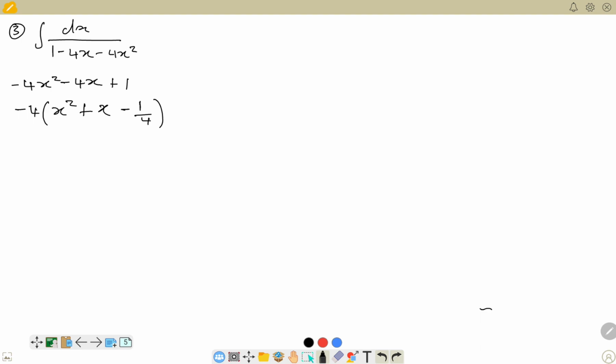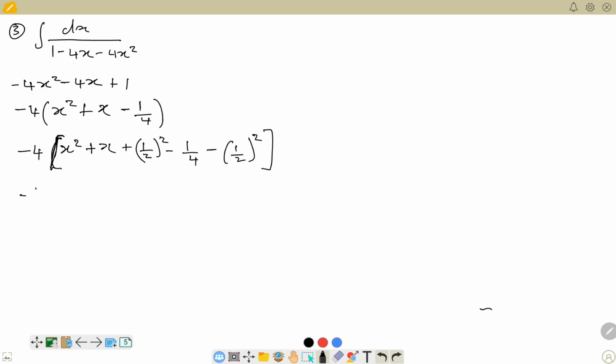Now we have factored out negative 4, and we still keep our negative 4. Then we have x squared plus x. The coefficient of the middle term this time is 1. So plus 1 divided by 2 squared, minus 1 over 4. Then we subtract what we added to balance the equation. It's better to use square brackets because we have normal brackets inside there.